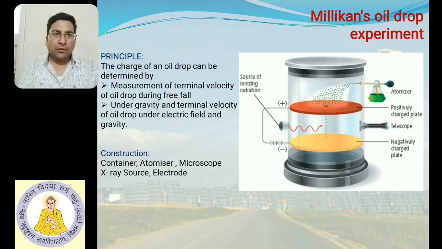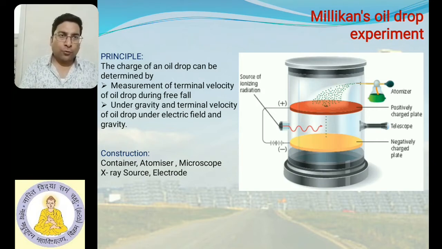In this experiment, they took a container, one atomizer. The work of the atomizer is to convert the liquid into droplets. There is also a microscope, an X-ray source, and two electrodes. These electrodes are made of brass, and they are connected with a high potential battery. The upper electrode is positively charged and the lower electrode is negatively charged.